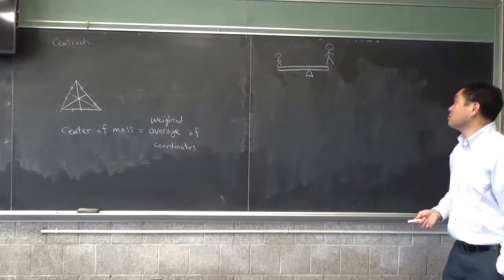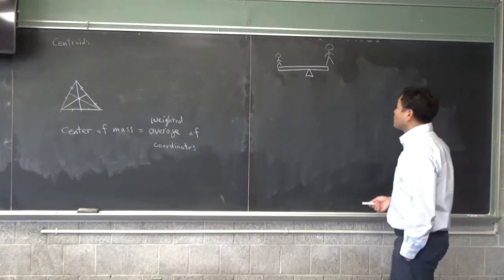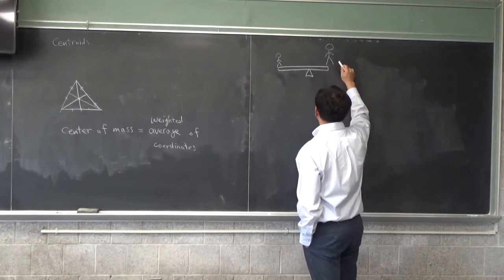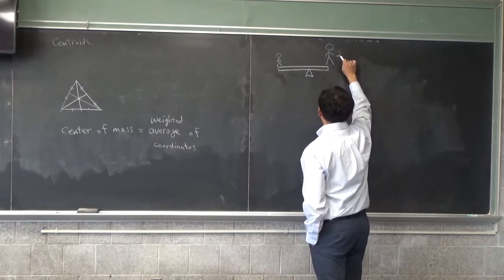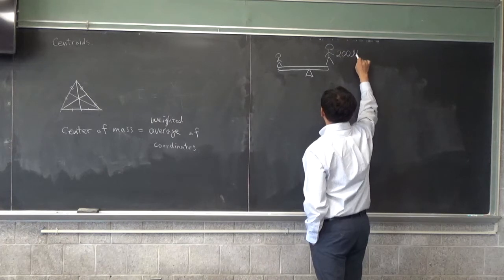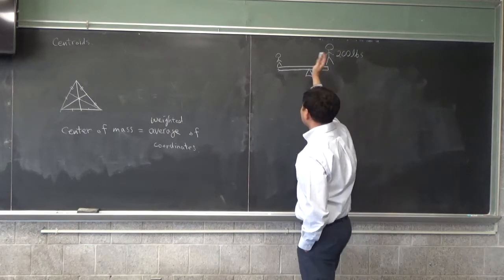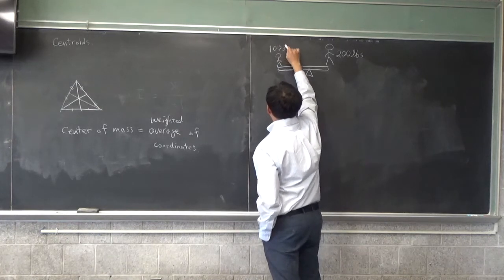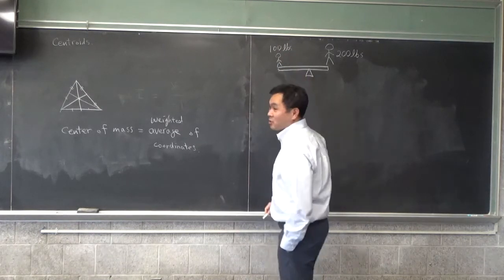You can even make this more accurate by putting some numbers here. So let's say your dad is 200 pounds, a little heavy, but just for simplicity, okay? And when you were a little kid, you weighed 100 pounds.